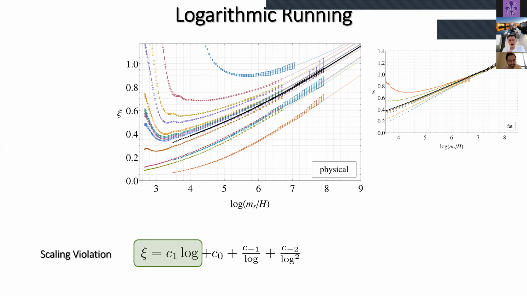And at that point, it's a bit hard to explain why this logarithmic running is there, because the tension of local strings is not dependent on this log, because the tension is just localized in the core.